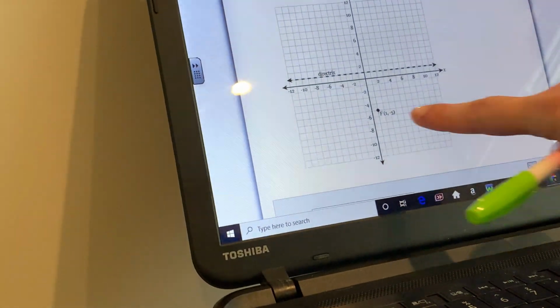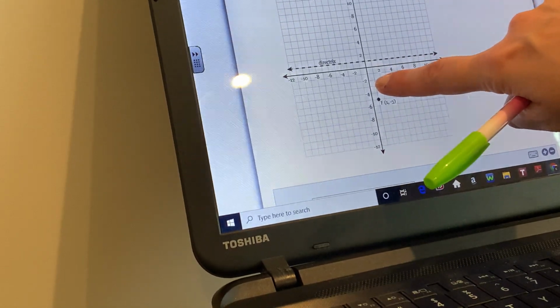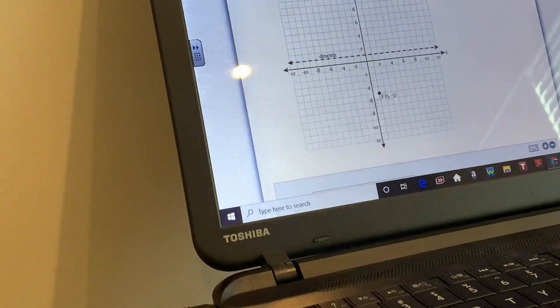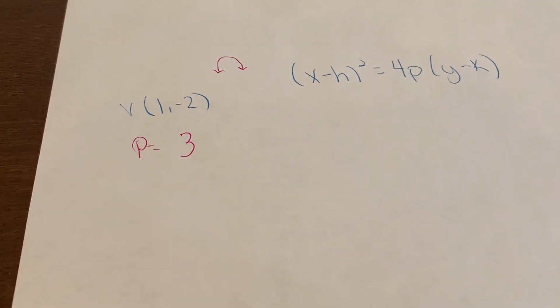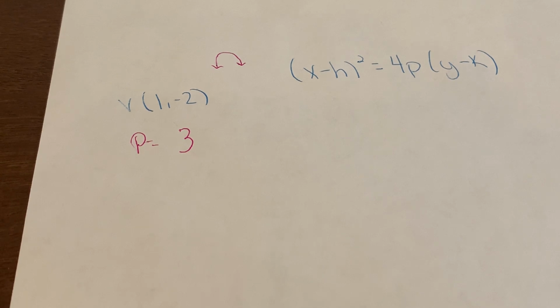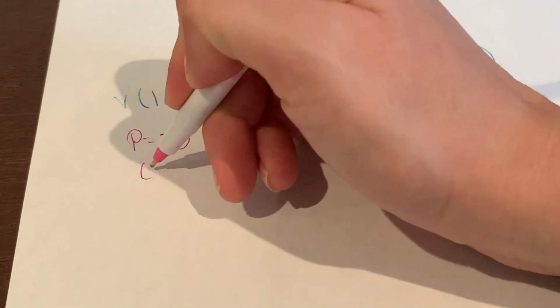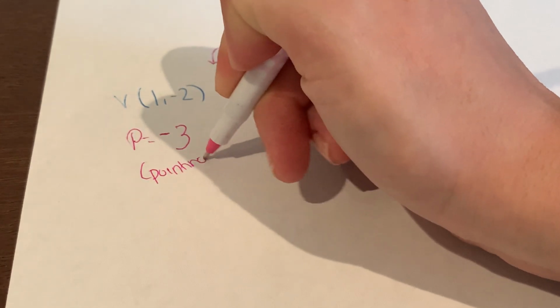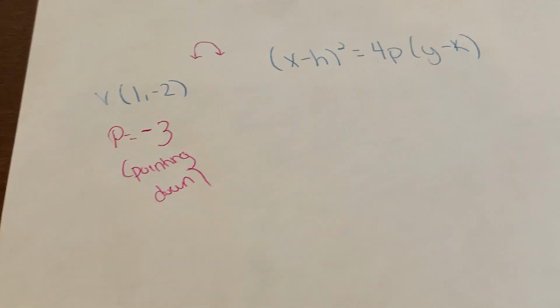Our p-value, if this was my vertex, I would count 1, 2, 3 to get to the directrix, or 1, 2, 3 to get to the focus. So your p-value is 3. But remember, you have to figure out if it's positive or negative, and that's always about the way that it's pointing. If it's pointing down, p is negative, and if it's also pointing left, p is negative. So since it's pointing down, we're going to have to add this negative, okay, because it's pointing down.